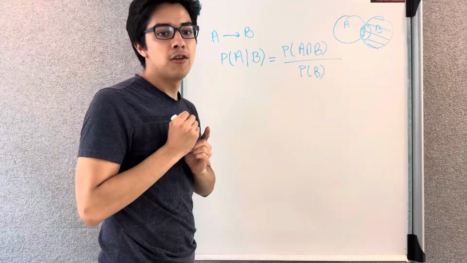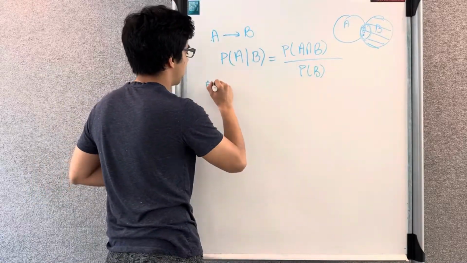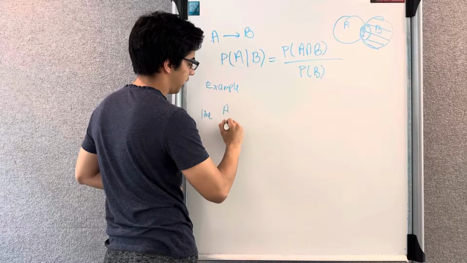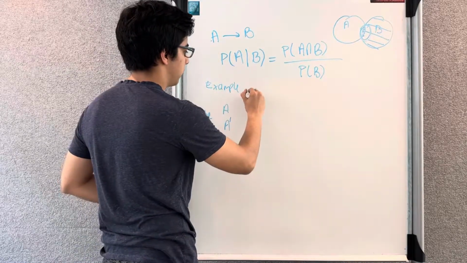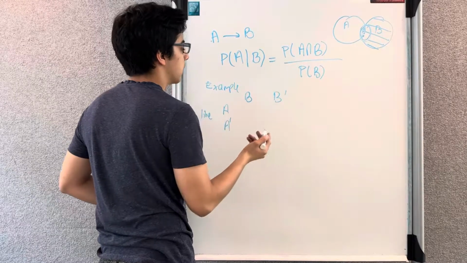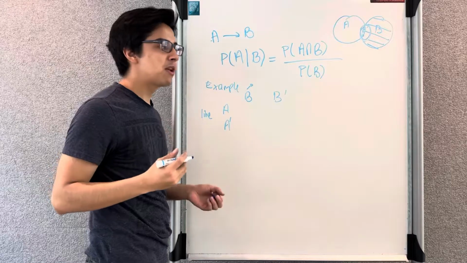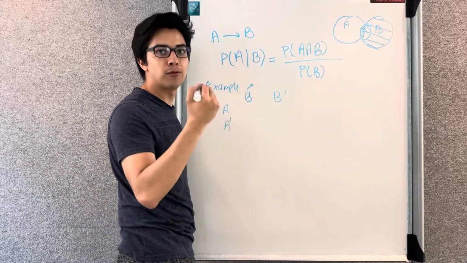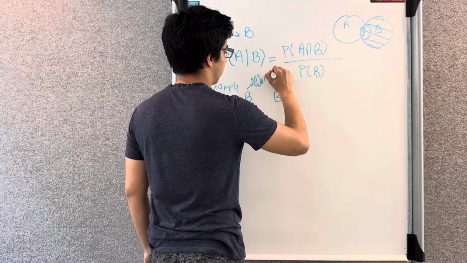But, for example, let's see. We have an example. We have two lines, line A and line A complement, and we have two events, B and B complement. This is whether an equipment made by these different lines is defective, not working, or working.